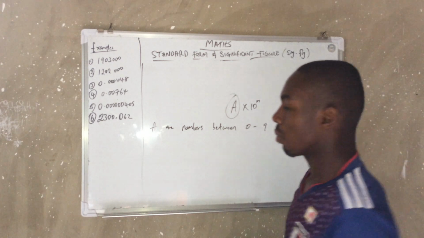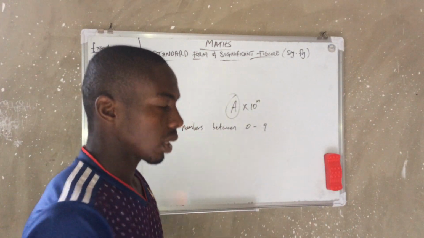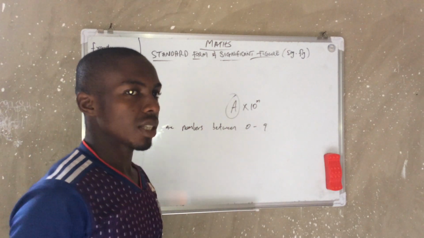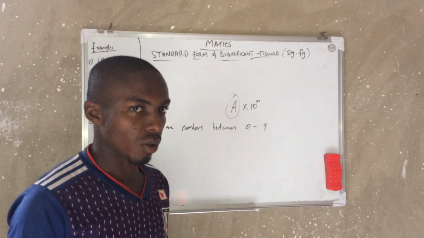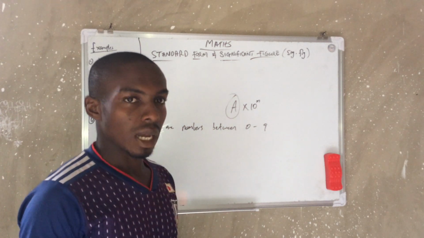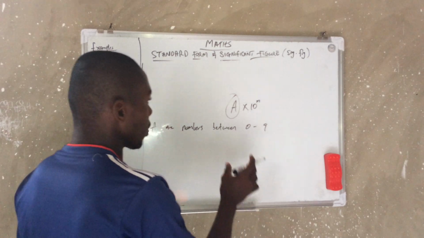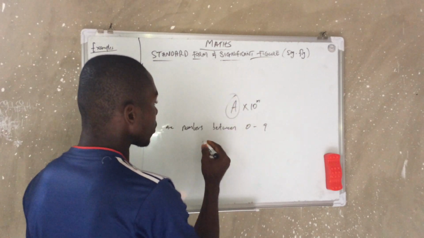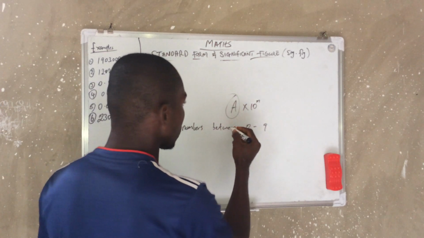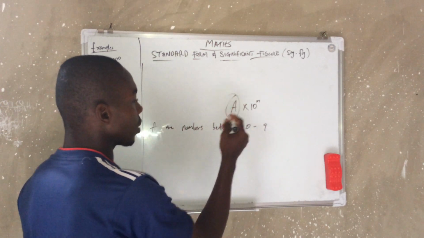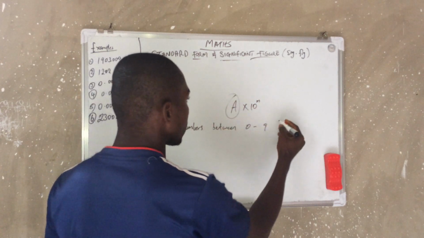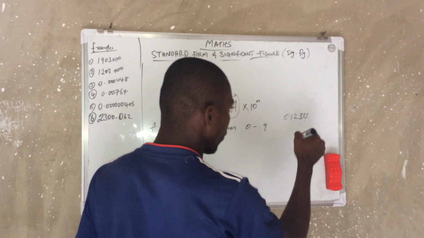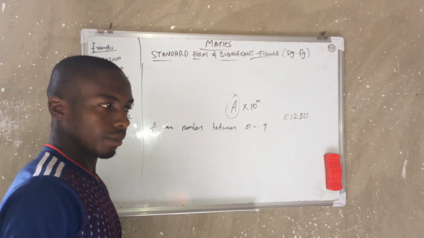Actually, I am wrong, because in mathematics, anything multiplied by 0 is what? 0. Anything 0 multiplies is what? 0. So that means that there might be a case that we might have 0, 1, 2, 3, 4 as a number.